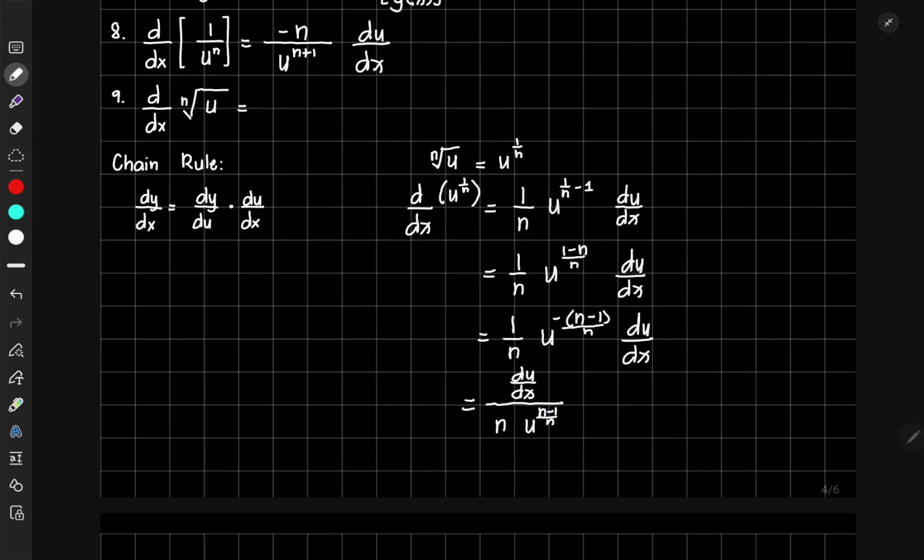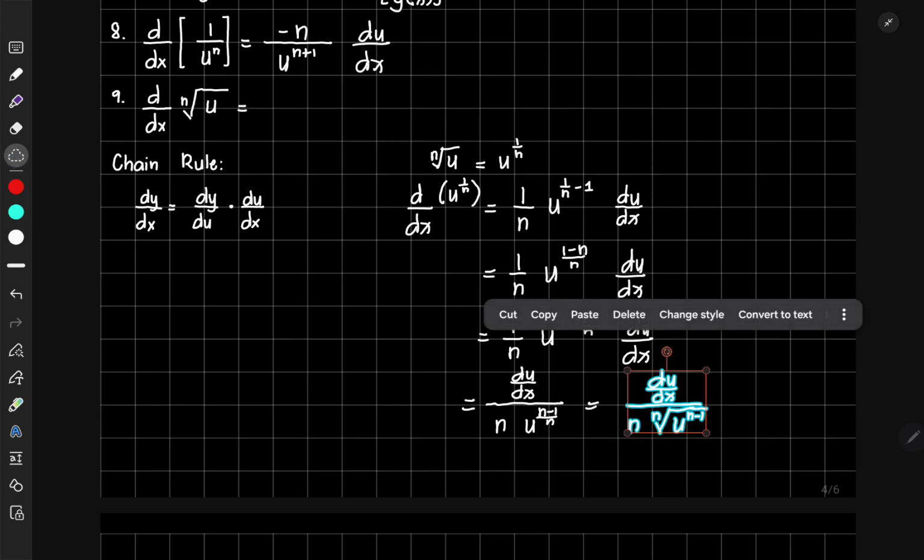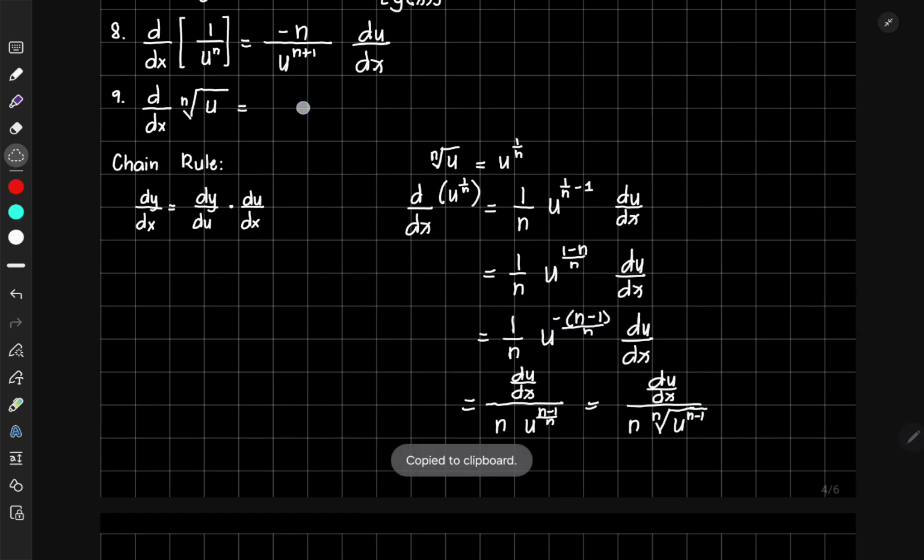So, kung gawin natin siyang radical, this would be equal to du over dx all over n, the nth root of u raised to n minus 1. So, yan yung formula for our rule number 9. So, let's copy lang. Yan. So, we have that.